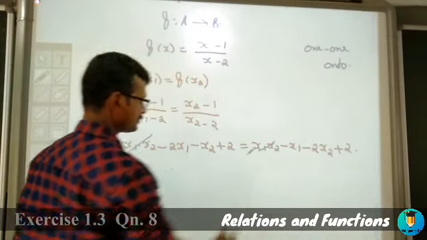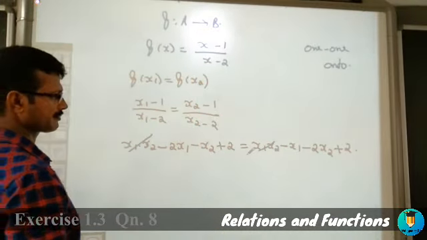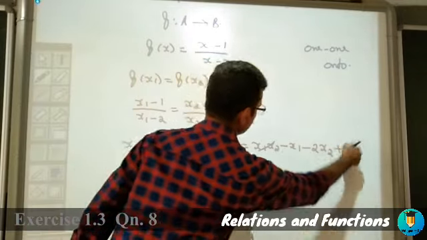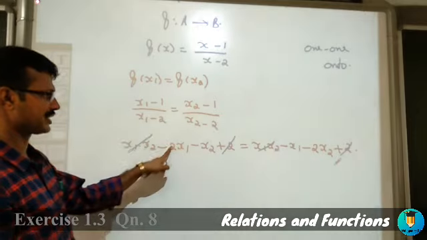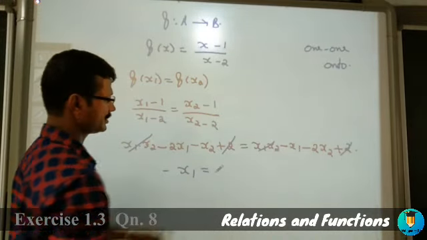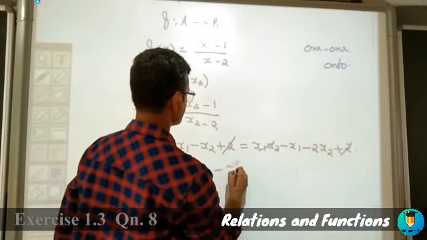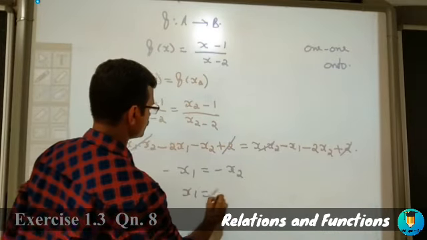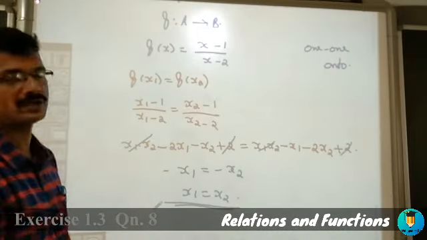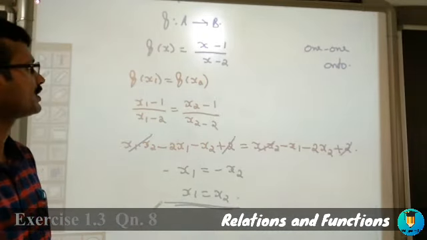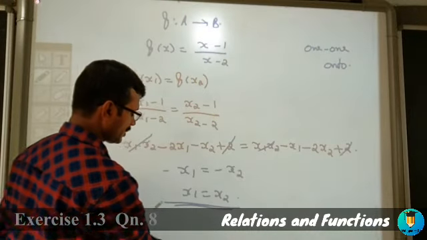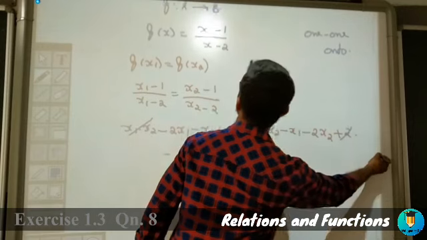This cancels. 2 and 2 cancelled. Minus 2x1, I am bringing this to this side, so it will be minus x1. This I am taking as minus x2. Yes, I reach x1 is equal to x2. Therefore, we can say that the function is one-one. Now I will go for onto.